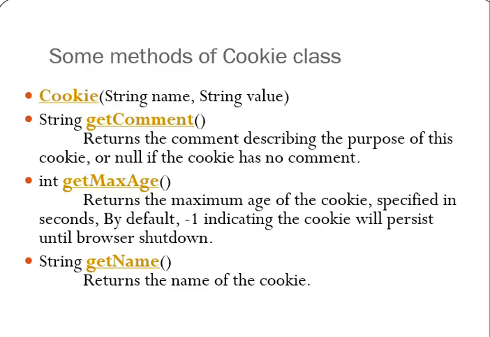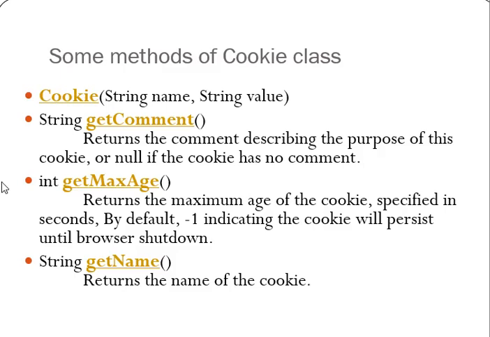By default it is -1, indicating that the cookie will remain in the browser until the browser shuts down. Nowadays, even if the browser is closed or you shut down the system, the cookie will remain, unless and until we use the history to clear the cookies.